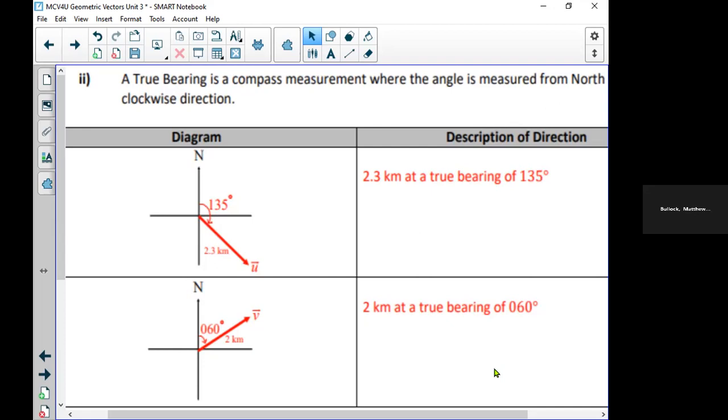Again, starting from the north, going to the actual vector. And you'll notice that if you had to draw these vectors, they have to be to scale. So in the first example, every centimeter represents a kilometer. Same thing with the other example. In physics, you have to come up with a scale when you're drawing your vectors.